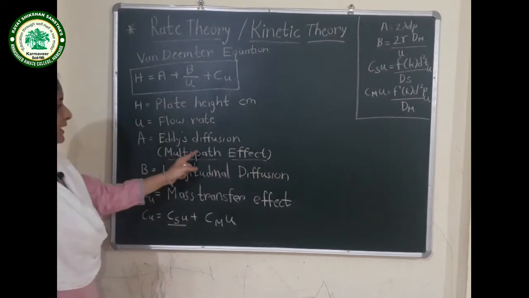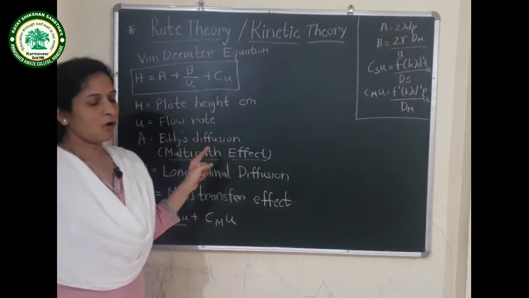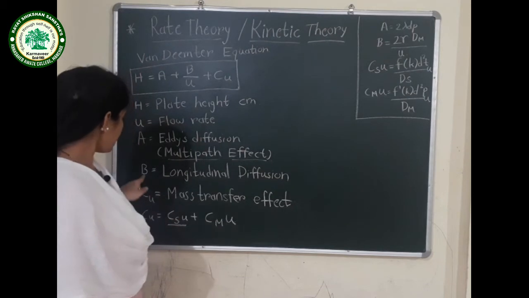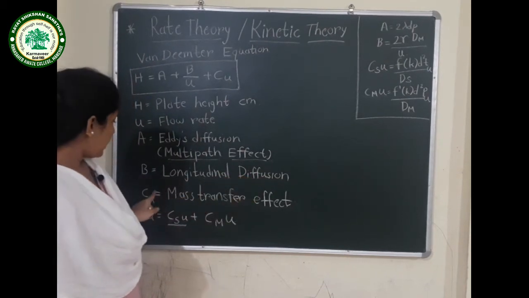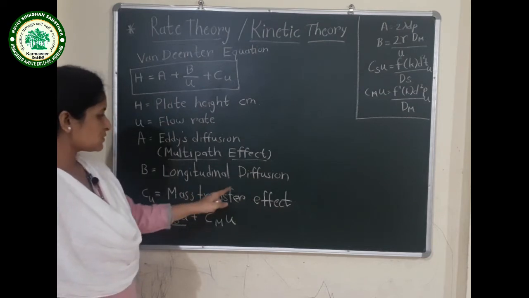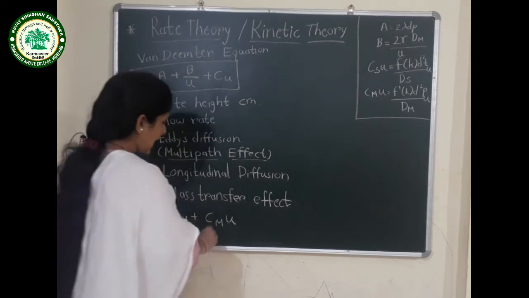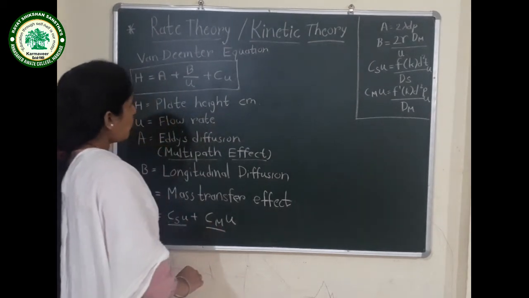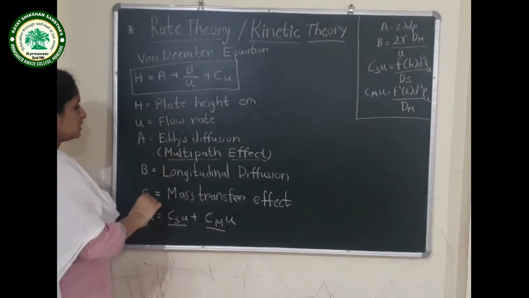As the name indicates, multipath, there are different paths followed in the column. B means longitudinal diffusion and C is the mass transfer effect, mass transfer of stationary phase as well as mass transfer of the mobile phase. Now I will explain one by one all these terms.